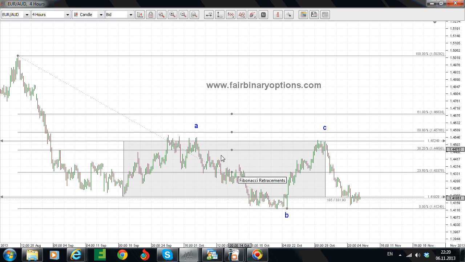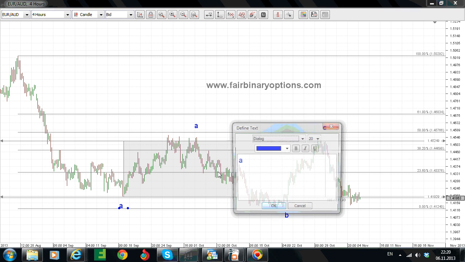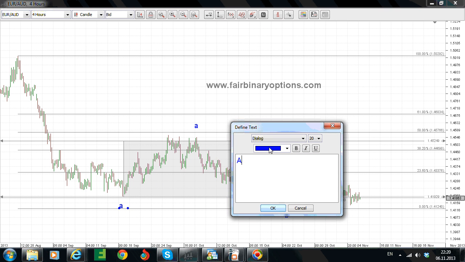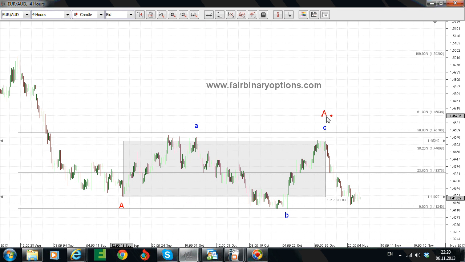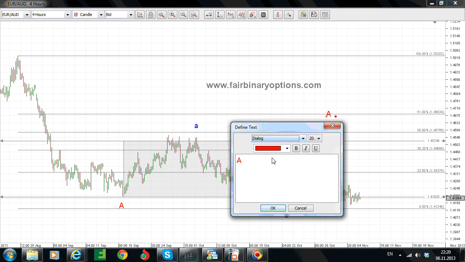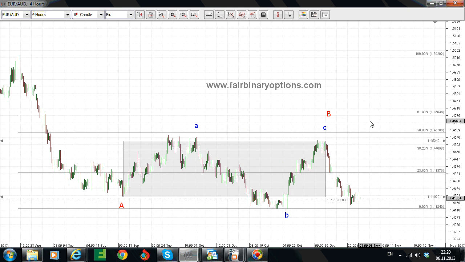If this is an ABC as a flat, from my point of view, a B wave of a bigger degree, this should be labeled as wave A of a bigger degree. Then of course a B wave of an even bigger degree here. So A, B, and then we are looking at the C wave to the downside.